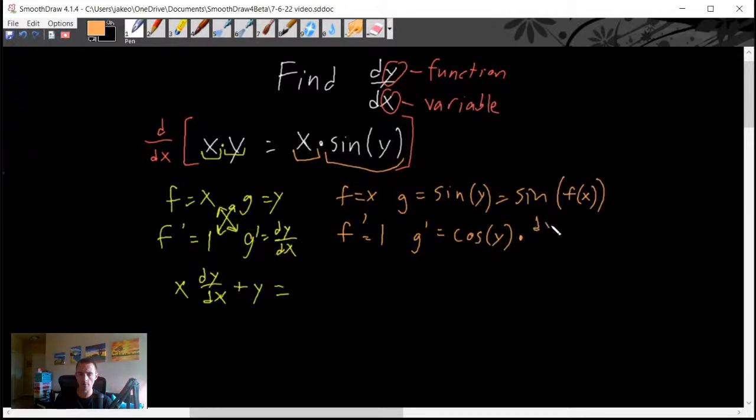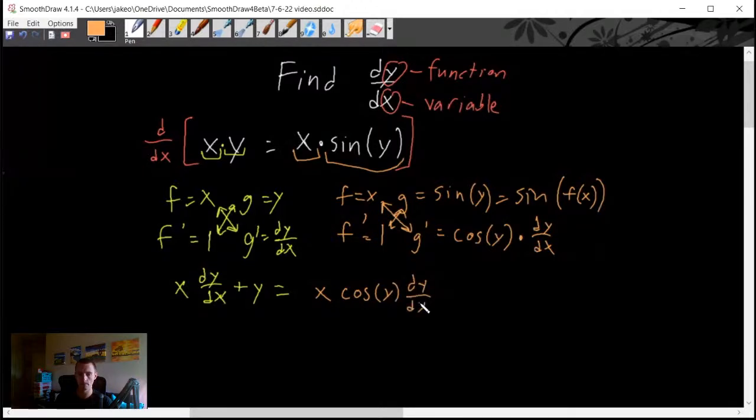So we're going to multiply that by dy dx. Okay? Product rule says we're going to multiply these across and then add them together. x times cosine y times dy dx plus 1 times sine of y is just sine of y.